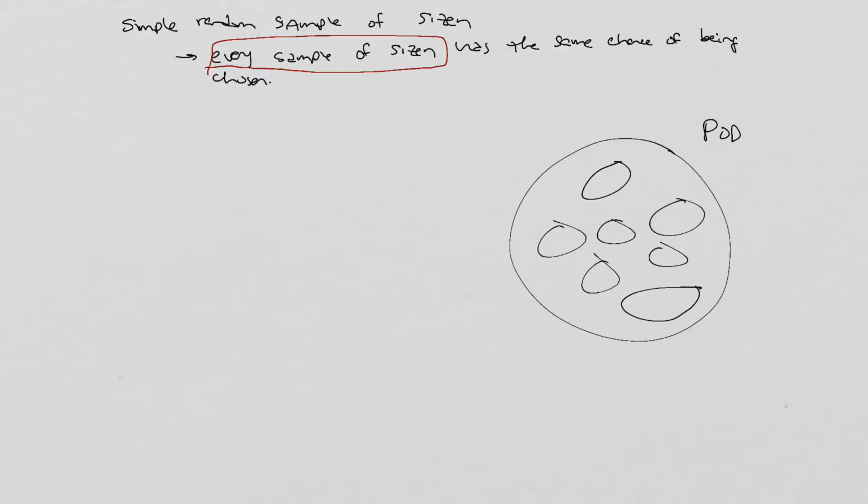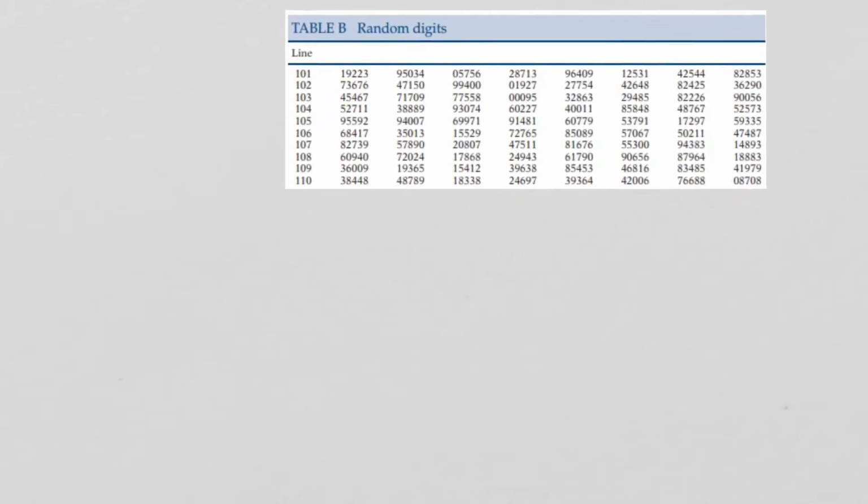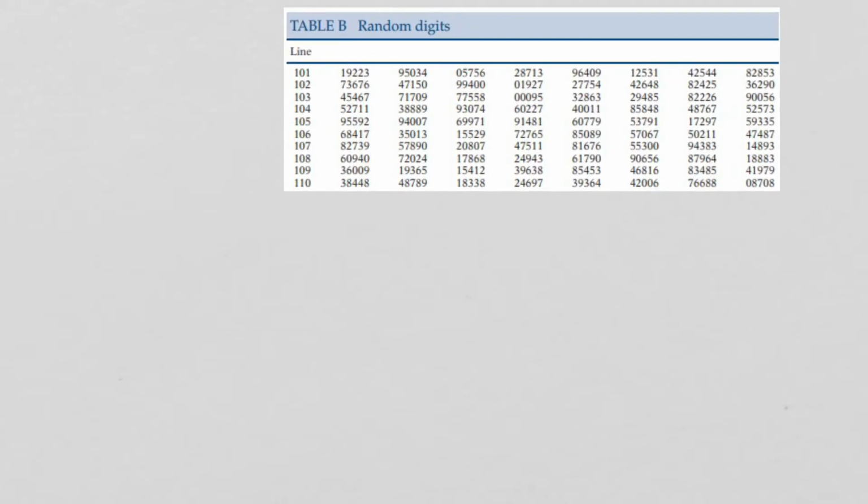So thinking about that, let's do this. Here is a table of random digits right there. Let's do it easy first of all. Let's say we have 10 students in the class.